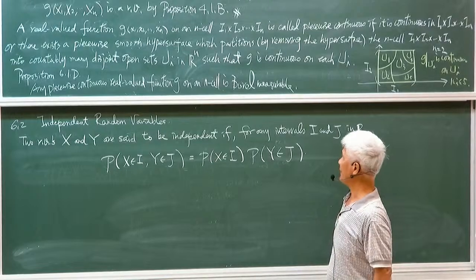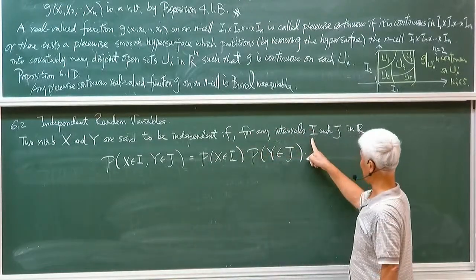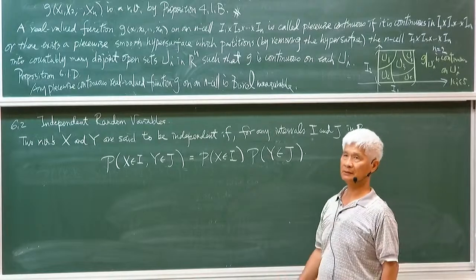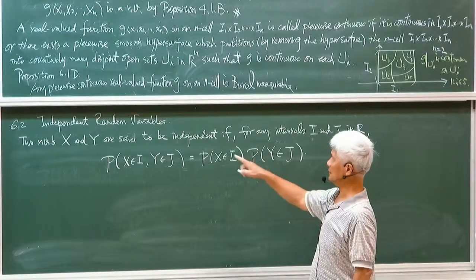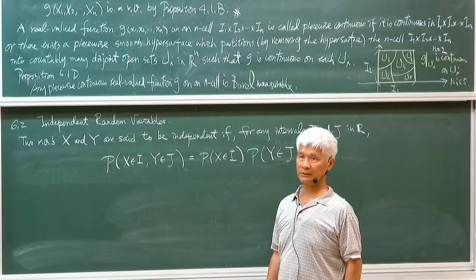So the identity must be true for any intervals I and J. So this is the definition of independent random variables.